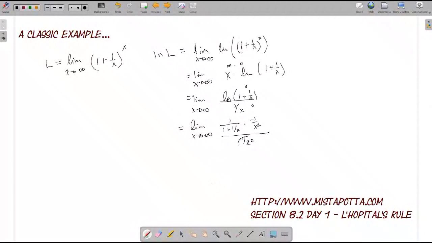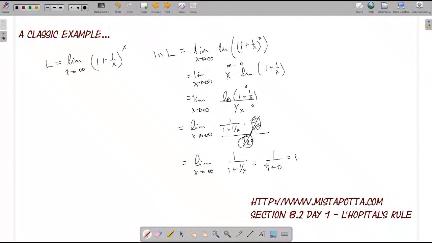So I've got a common factor in the numerator and denominator, and I can divide that out. And so what I get is the limit as x approaches infinity of 1 over 1 plus 1 over x, and this is pretty straightforward to substitute. I get 1 over 1 plus 0, which is 1.